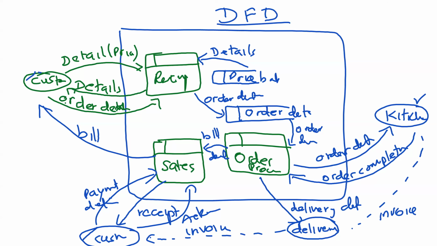Internally, these processors can communicate. Processors and data stores can communicate. External entities and processors can communicate. But you can see data stores can't communicate. Actually, files can't communicate.